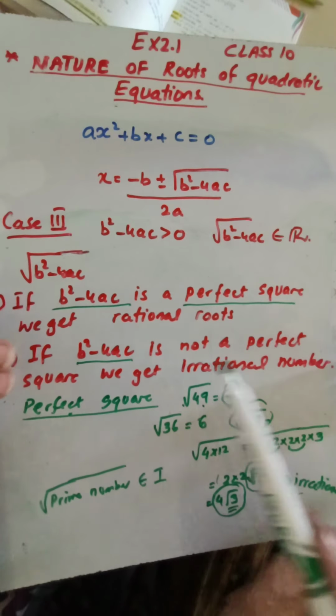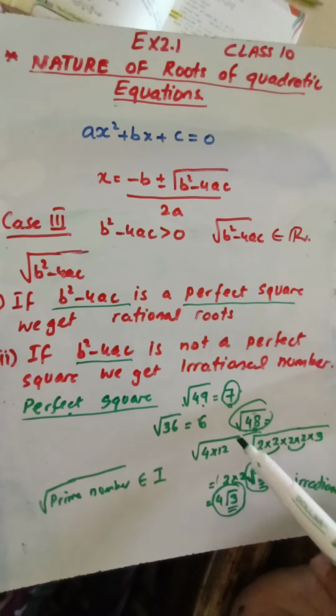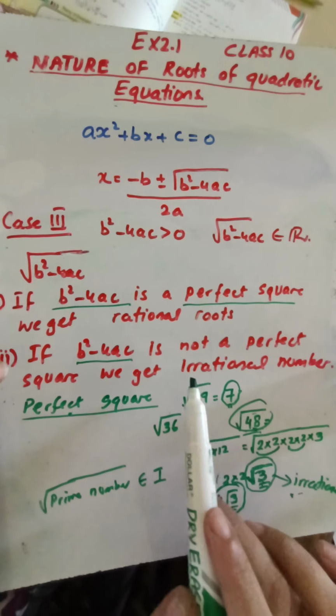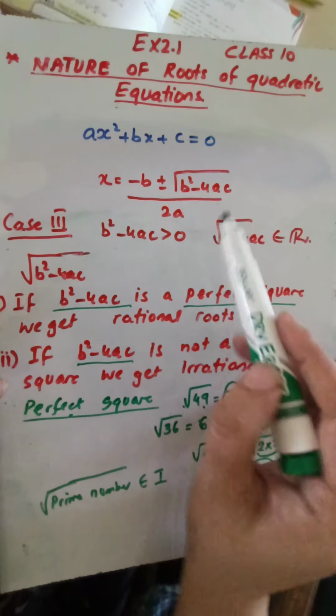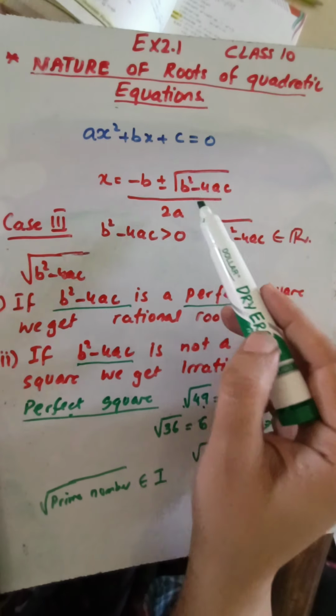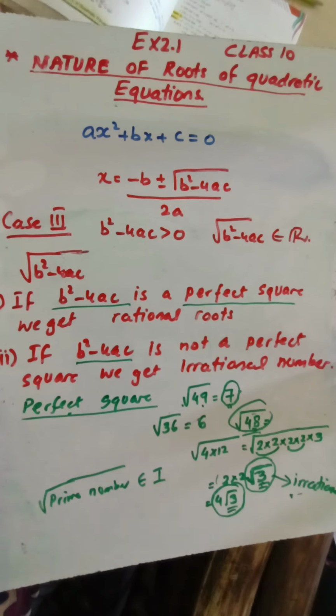And if b square minus 4ac is not a perfect square, then its root will be an irrational number, and that irrational number will make the roots of the equation also irrational. Let us see it through an example.